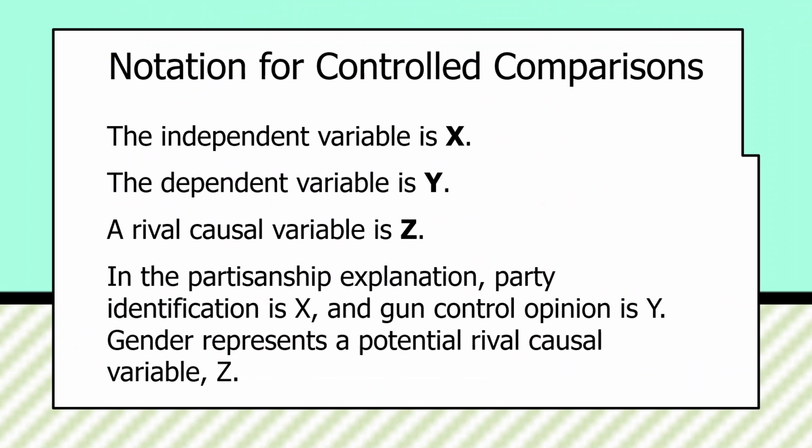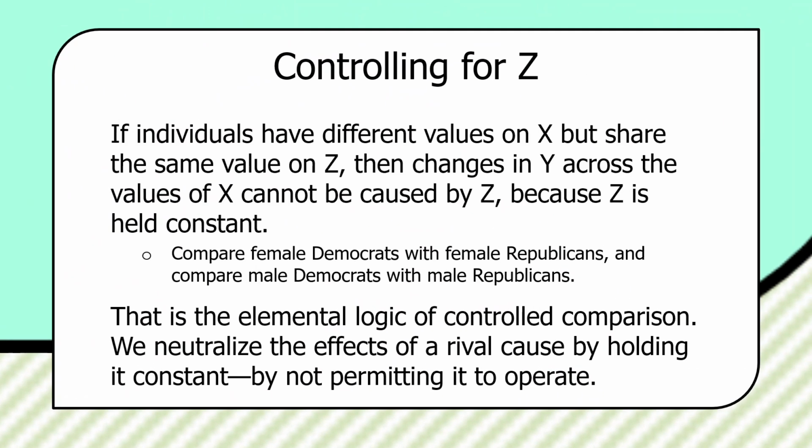Now here's the logic of controlling for Z. Imagine that individuals have different values on X. So this group of individuals are Democrats and this group are Republicans, but they share the same value on Z. So all of those who are Democrats we're comparing are women, and all the Republicans we're comparing are women, and by the same token, male Democrats and male Republicans.